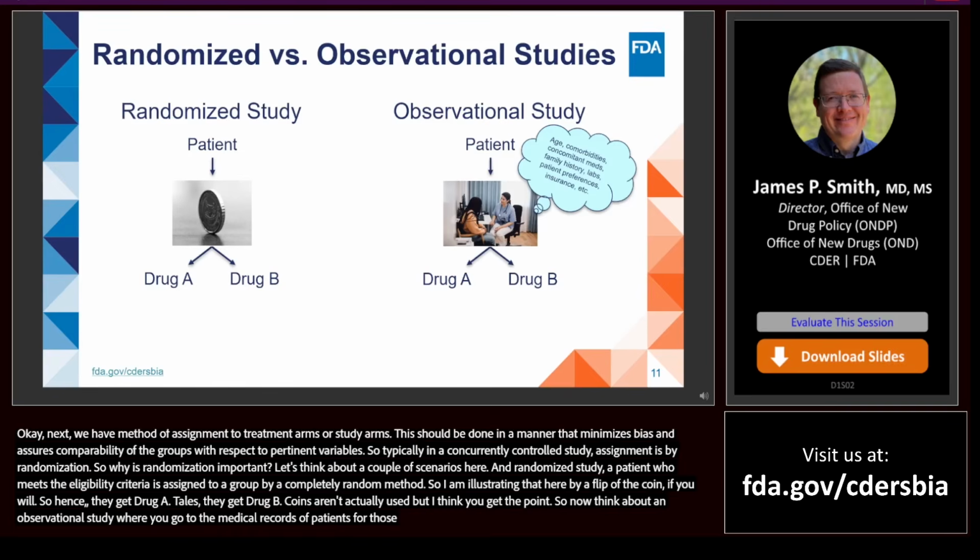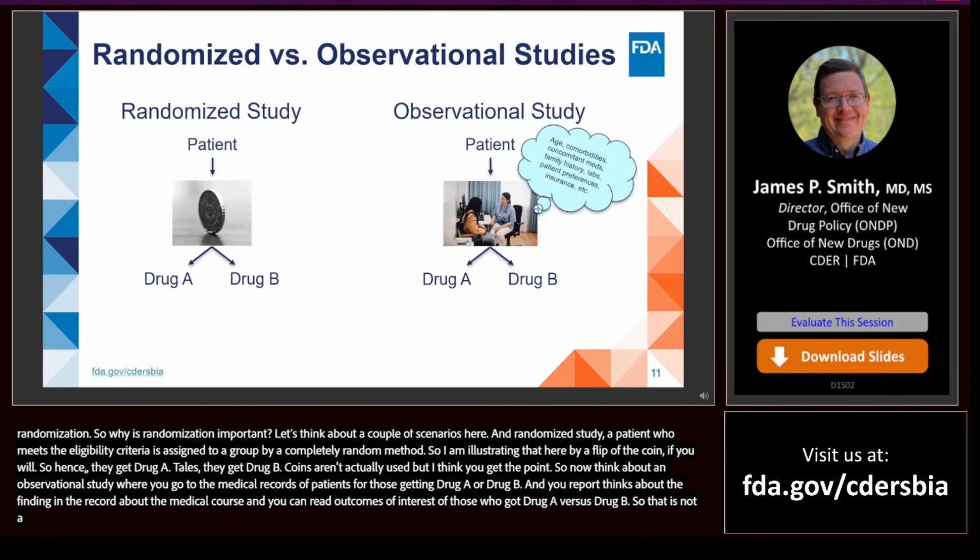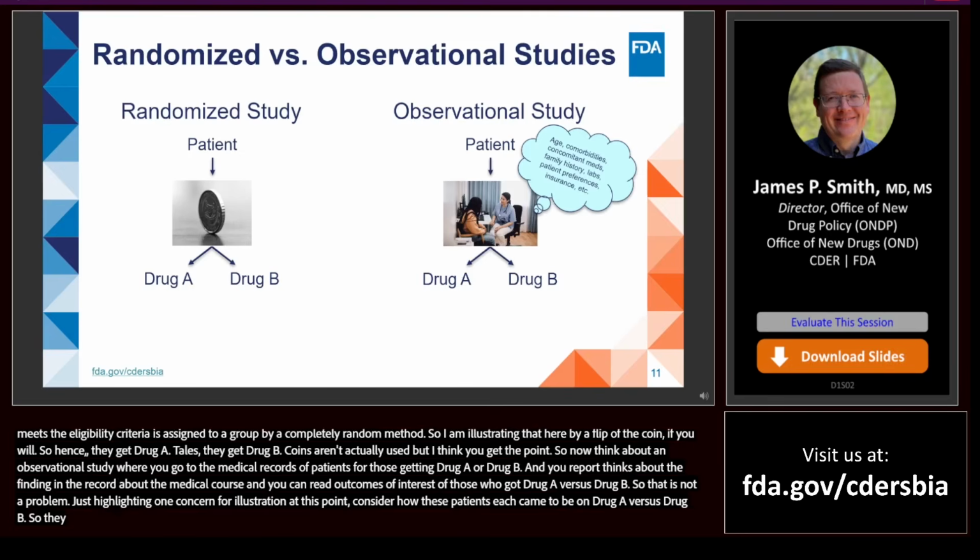Well, just highlighting one concern for illustration of this point, consider how these patients each came to be on drug A versus drug B. So they may have come to their healthcare provider who took a whole host of things into consideration when making a treatment decision. Maybe the patient's age, their comorbidities, concomitant medications, family history, labs, the patient's own preferences, their insurance status, and so on.